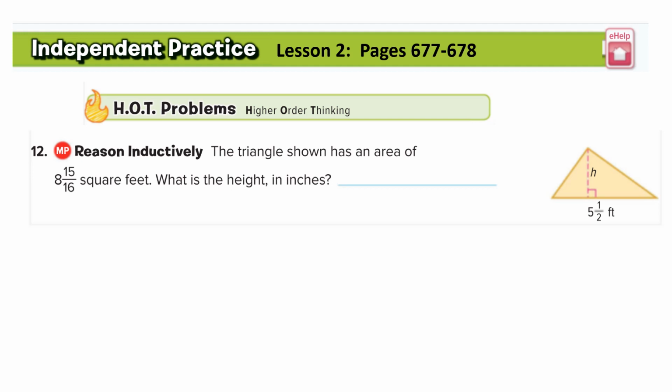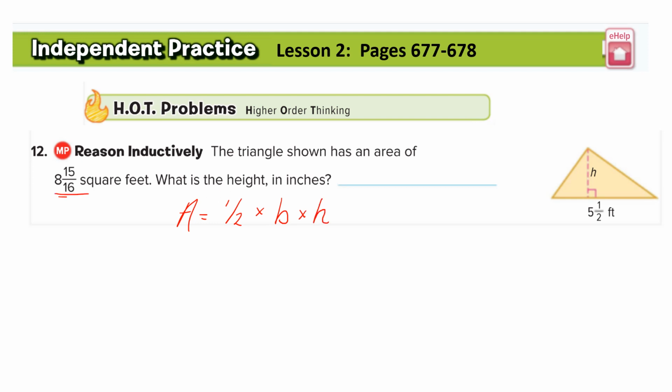Question 12, reason inductively. The triangle shown has an area of 8 and 15/16 square feet. What is the height in inches? We have our formula, area equals 1/2 times the base times the height.